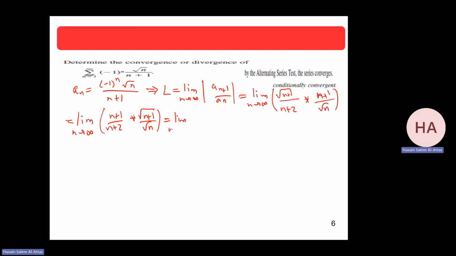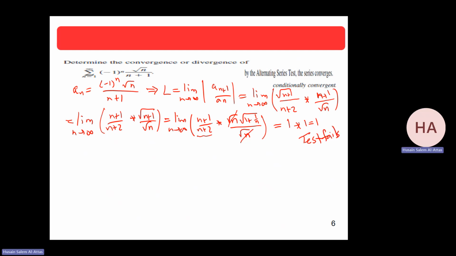Maybe I need a little manipulation to make it clear. If I take square root of n as a common factor, what is the remaining? The square root of 1 plus 1 over n, over square root of n cancels. So that is 1.